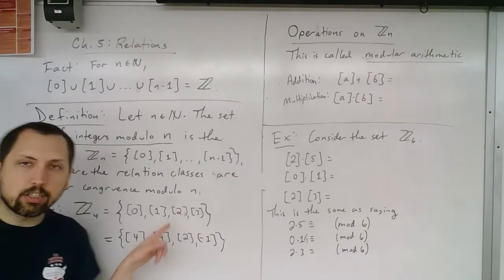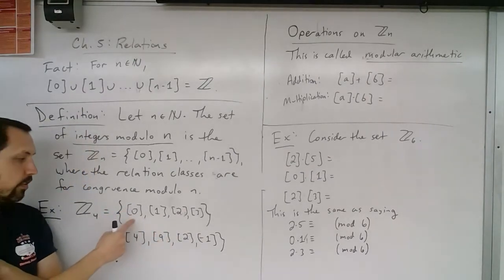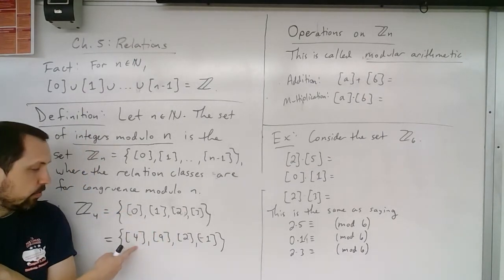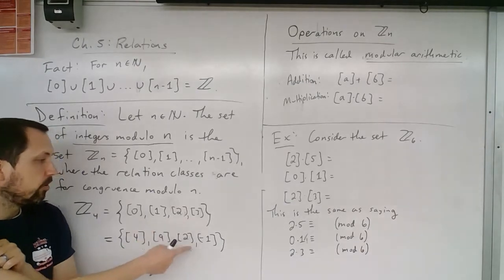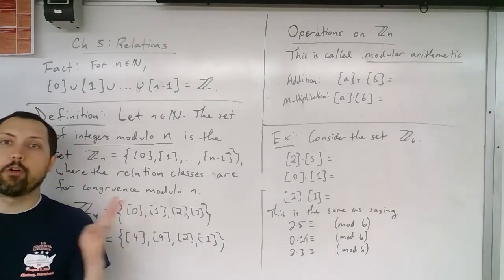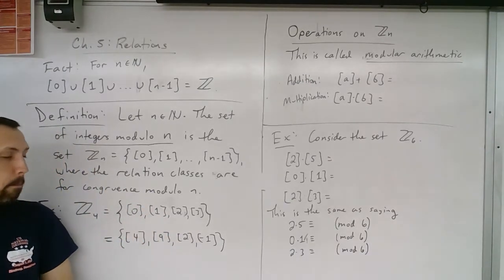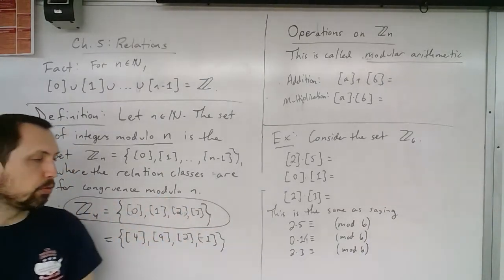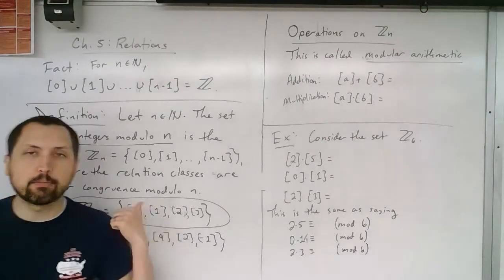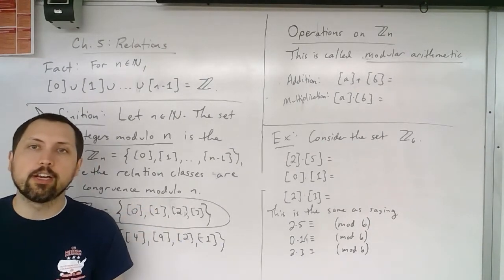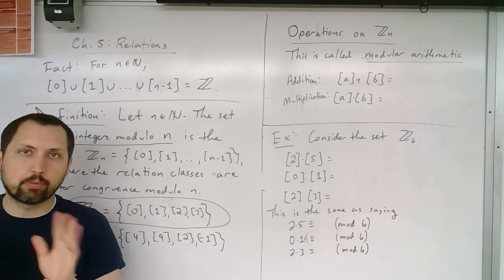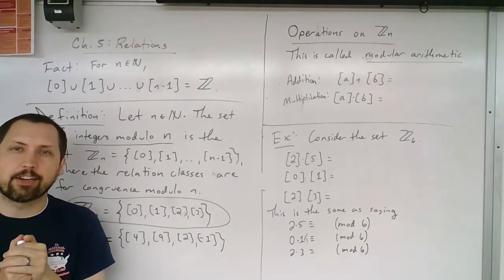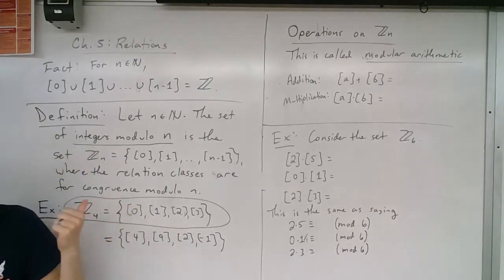Because we know each of these classes are the same, right? So this relation class is the same as this one. These are the same, these are the same, these are the same, when you're looking at these modulo 4. But this is the one that we're primarily going to use. Even though there's a bunch of different possibilities, we always just use this to represent 0, 1, 2, 3, all the way up to n minus 1. That's just the standard way of defining Zn.